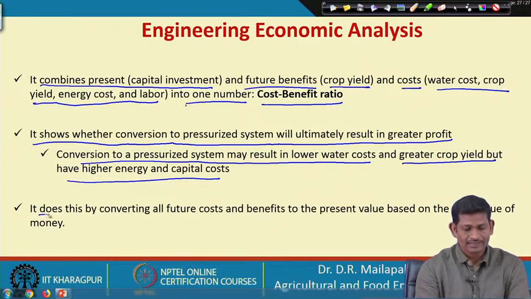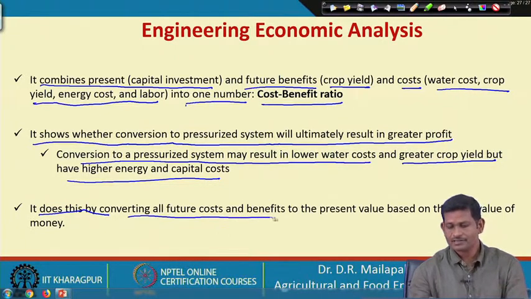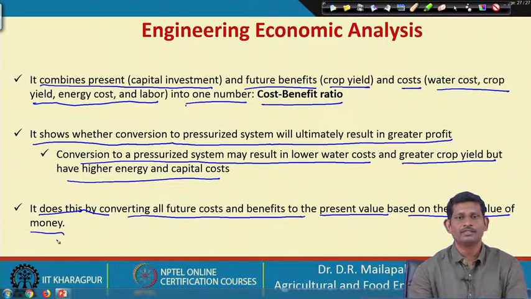It does this by converting all future costs and benefits to the present value based on the time value of money. So, if you are putting some money in a particular project, and the benefits you are expecting, for example, in 10 years or 20 years time, right.